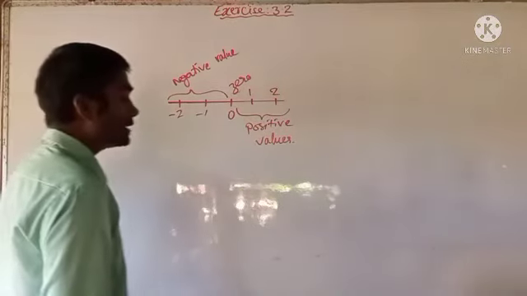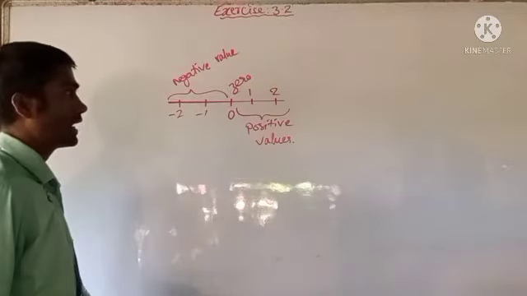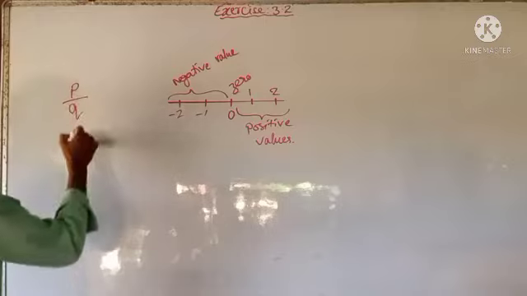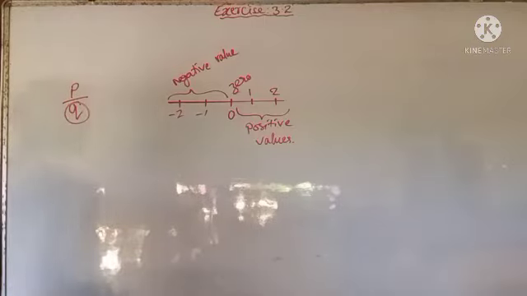Now, when we are talking about rational numbers, as I have said, a rational number is of the form p by q, where q is not equal to 0.